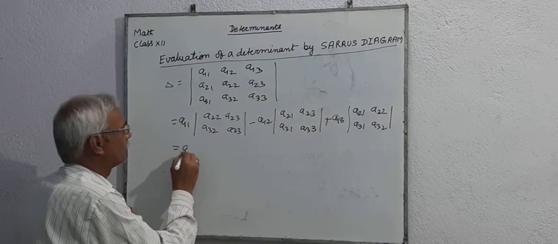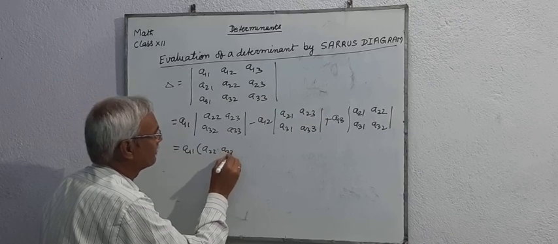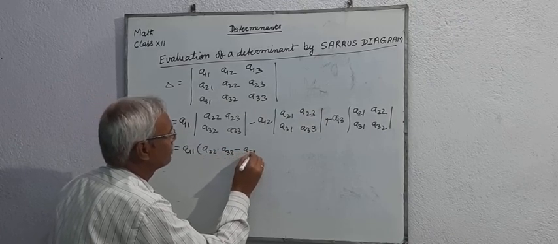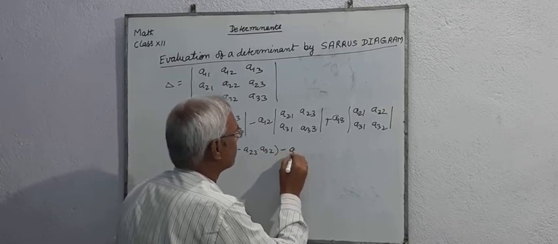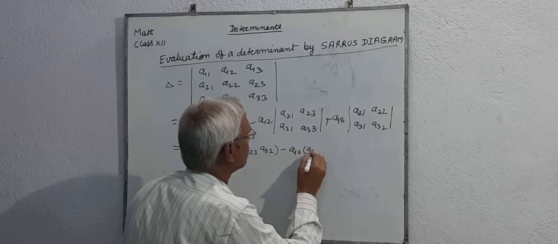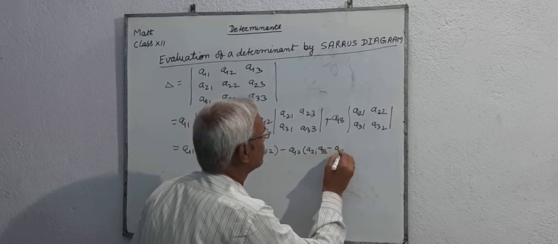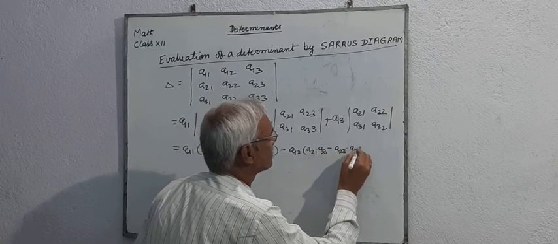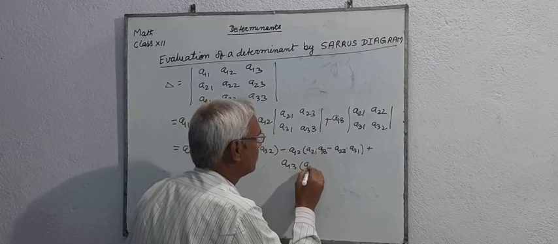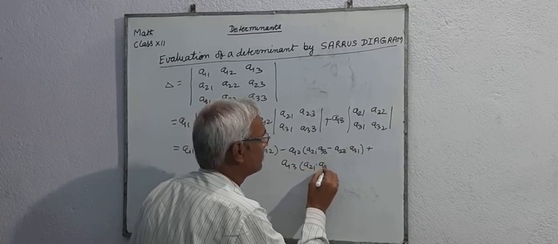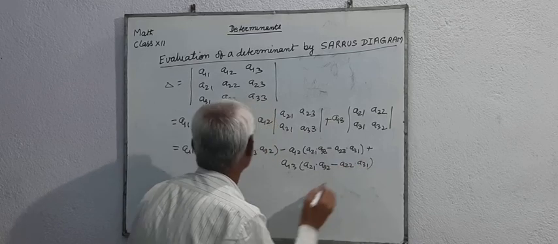This equals A11 into (A22 into A33 minus A23 into A32) minus A12 into (A21 into A33 minus A23 into A31) plus A13 into (A21 into A32 minus A22 into A31).